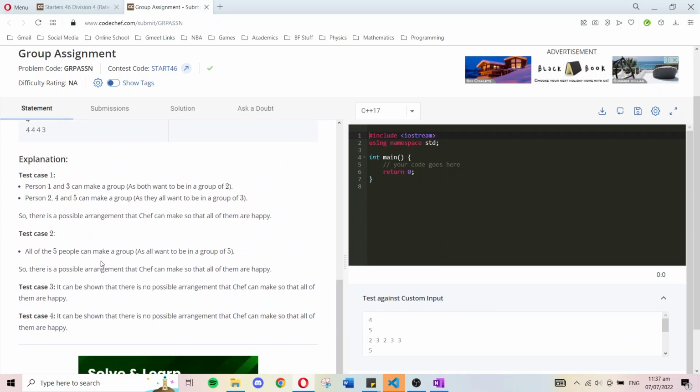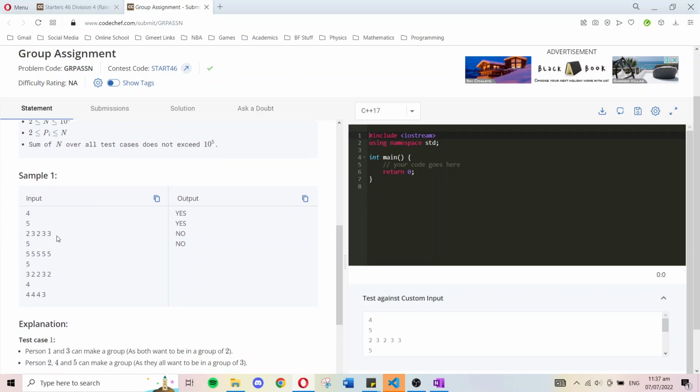So the first observation that you would see is basically like, okay, the count of 2 and the count of 3 must be equal to itself, right? Like this one, you have 3 people that want to be in a group of 3, so that's nice.